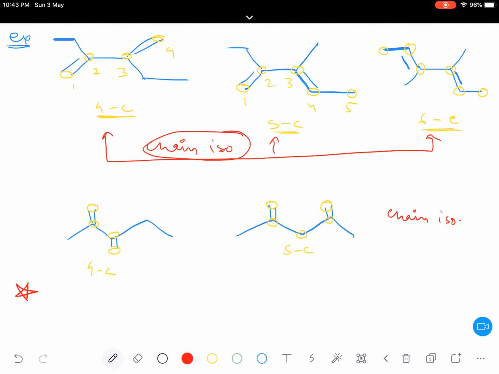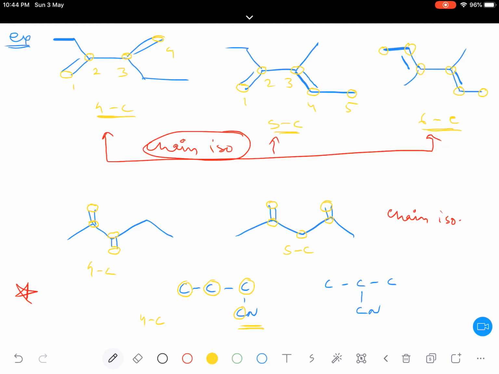Next example, make a star mark on the next example. I take C, C, C, here I write CN, again C, C, C, here I write CN. If again I have to figure out the parent chain, 1, 2, 3, 4, a 4 carbon parent chain, because the nitrile or cyanide group is a chain terminating group, correct?